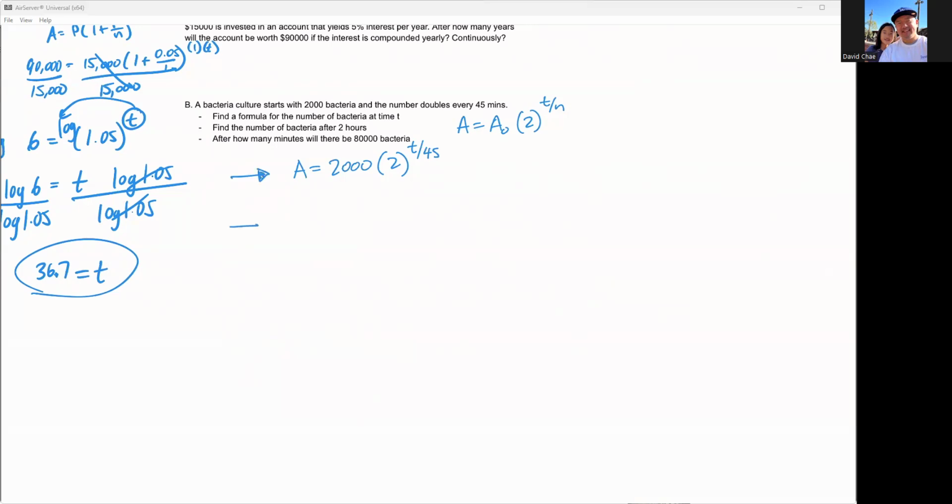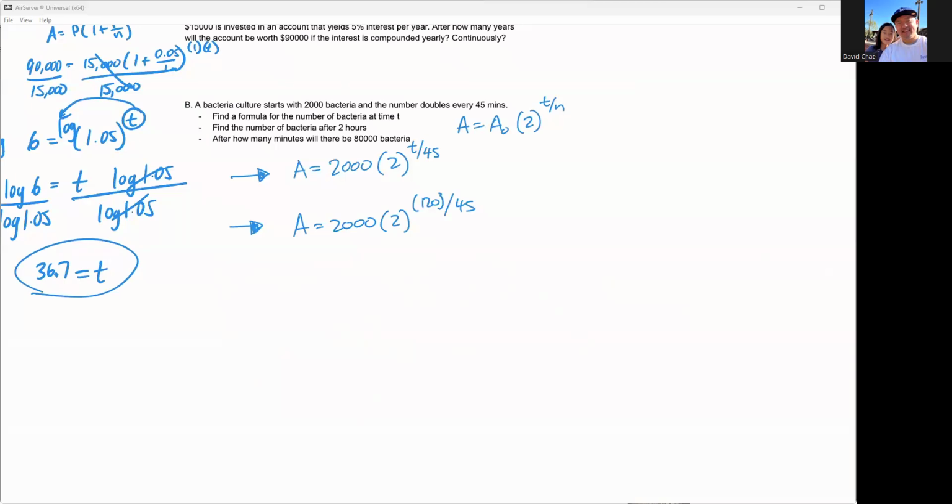Number 2 is find the number of bacteria after 2 hours. So A equals 2,000 times 2, and then make sure you put 120 over 45. Again, 120 because of 2 hours. So be careful with this.